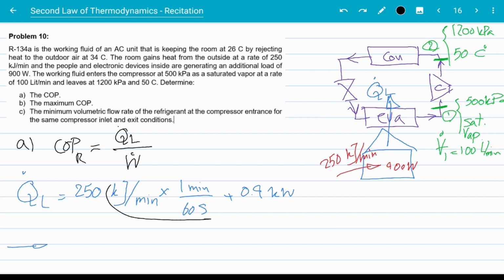Keep in mind that I did this in order to change the units to kilowatts. And if you do the math, you get that Q dot L is 5.07 kilowatts.